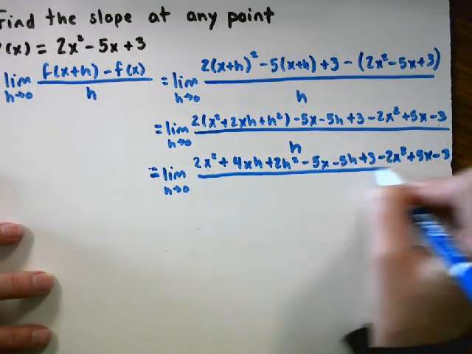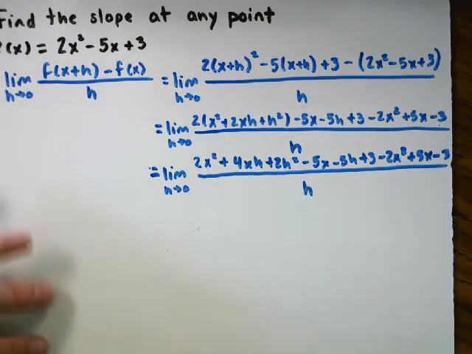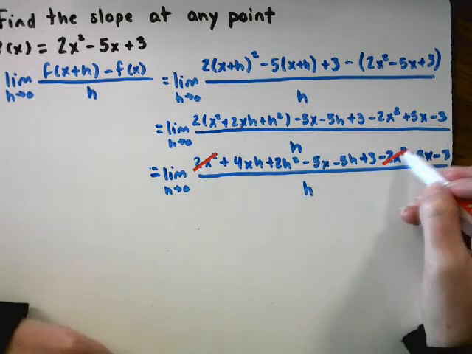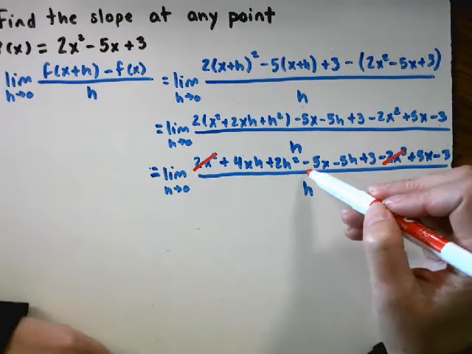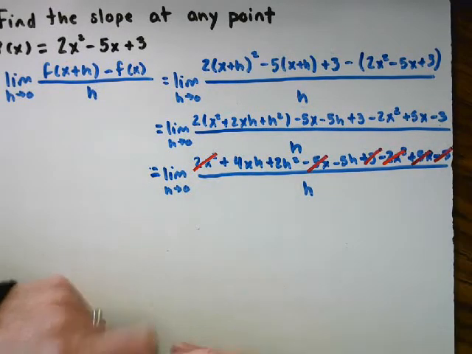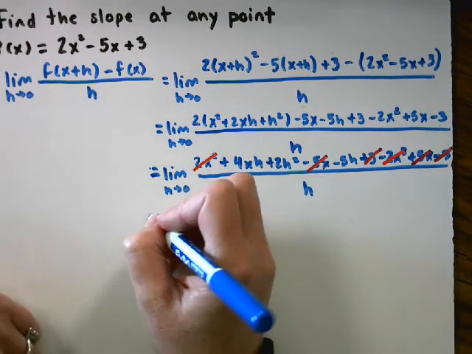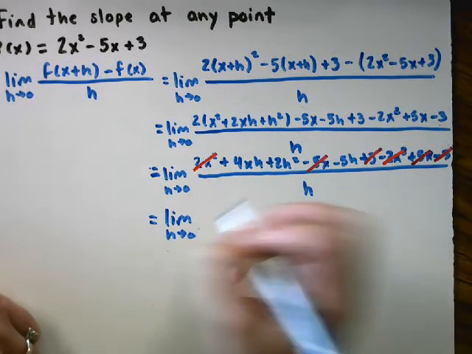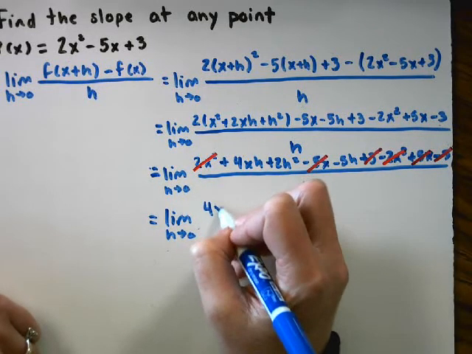But the 2x squared minus 2x squared, the minus 5x plus 5x, and the 3 cancel. So we have 4xh plus 2h squared minus 5h is all that's left.